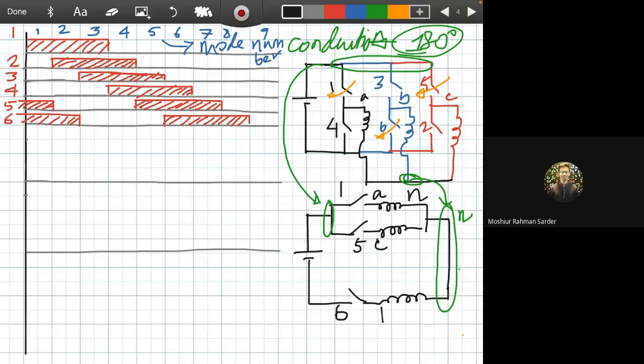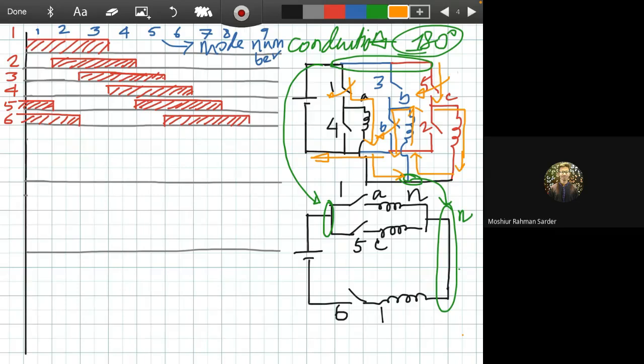Sir, how did switch number 6 come? Okay, here from 1 current is flowing in this direction. Okay, so this is the negative. Oops, sorry. Current is going in this direction. From switch 5, current is flowing in this direction. So here current will flow in this direction, the switch is closed, and the negative terminal will go from this direction.